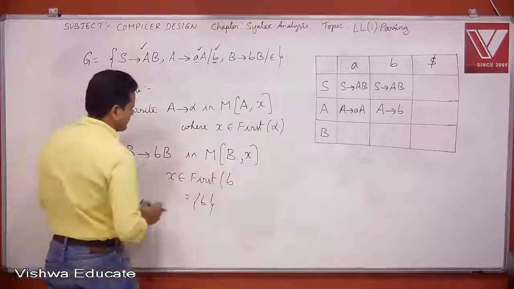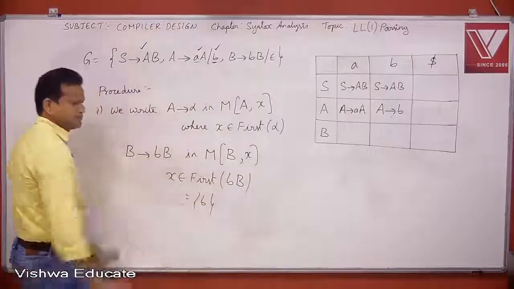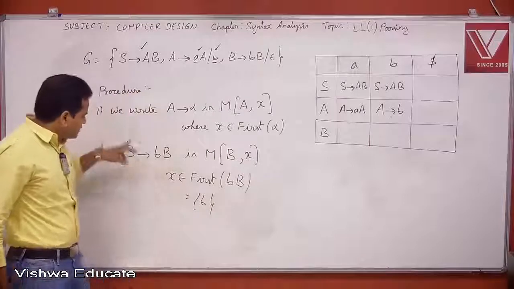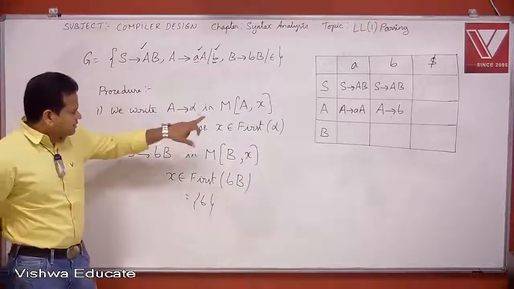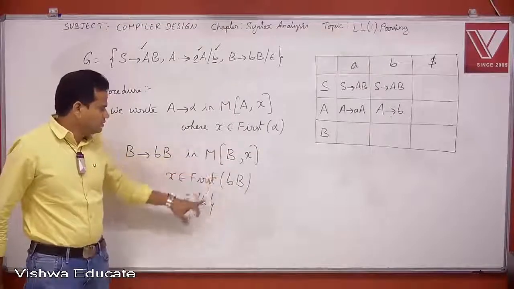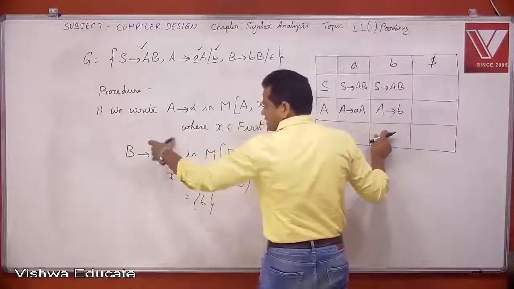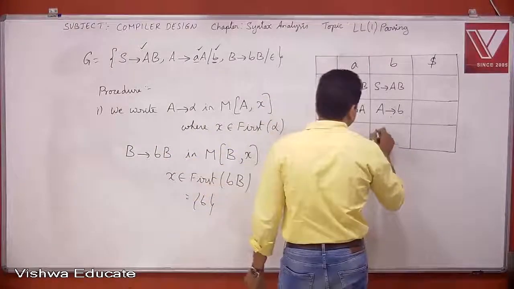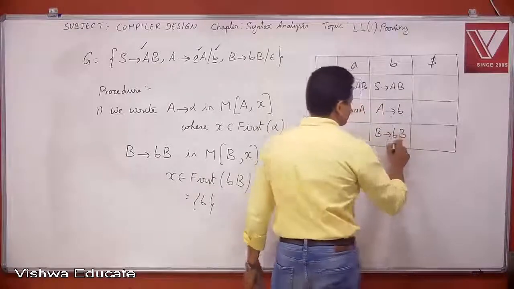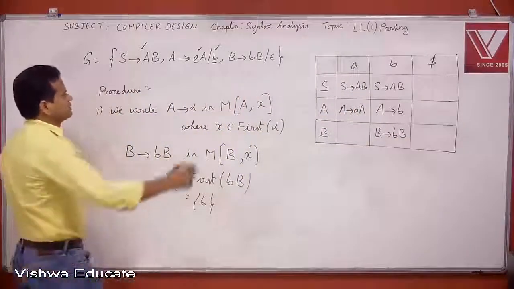What is first of BB? Same, B. So we must write this production in the B row, B column. Whatever production we are taking, that production goes there. So in the B row, B column, we write it. Next. So this is also completed.